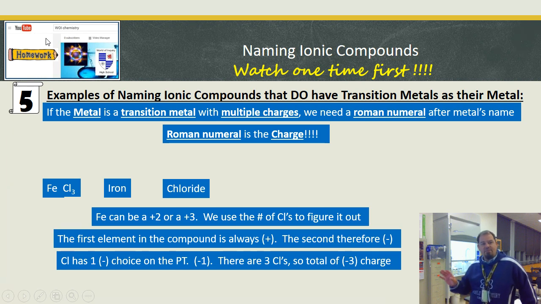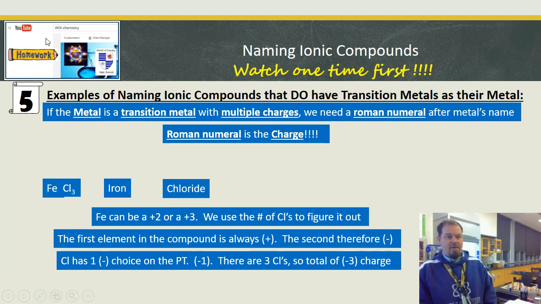So if I have a -3 on one side, what does the one positive number have to be? There's no number after iron. No number as a subscript after Fe means there's one of them. The fact that I wrote the letters means there's one. If there was a 2, it would be a different ball game, but there's not.